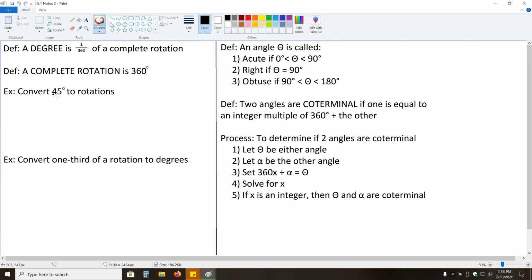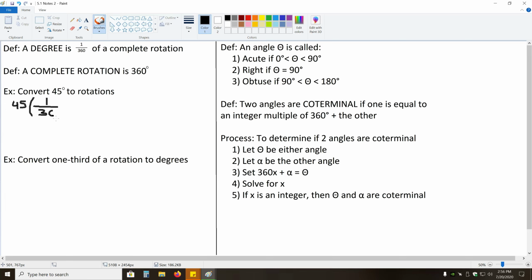So if we want to convert 45 degrees to rotations, then that means we're going to take 45 and multiply it by our conversion for the degree symbol, which we said is 1/360th of a complete rotation.